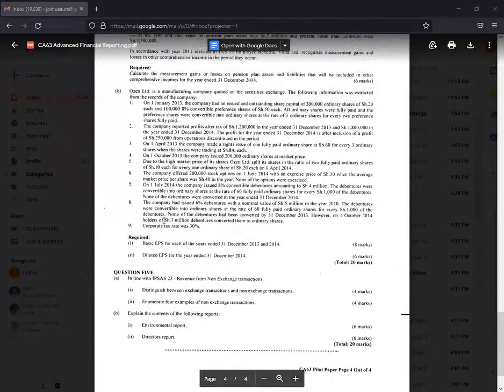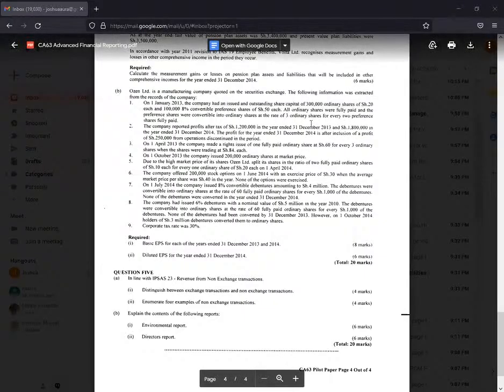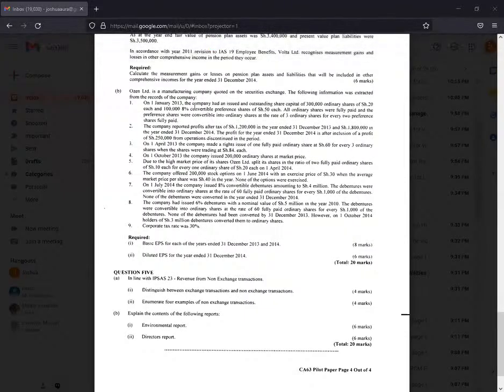We are told here, PSH Limited is a manufacturing company quoted on the Securities Exchange. The following information was extracted from the records of the company. On 1st January 2013, the company had an issued and outstanding share capital of 300,000 ordinary shares of shillings 20 each and 100,000 8% convertible preference shares of shillings 50 each.